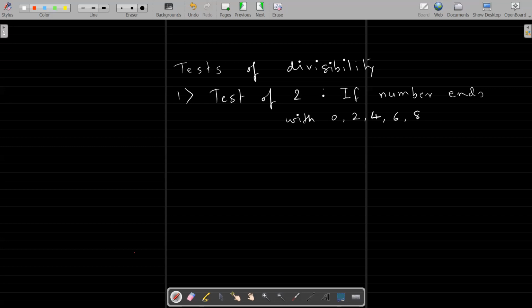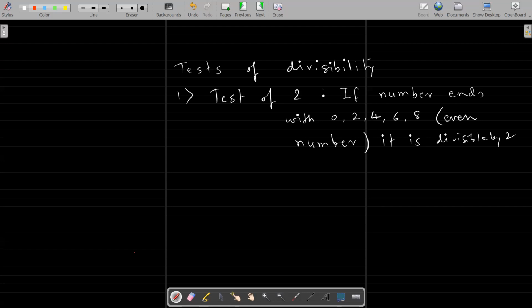Yeah, so essentially, what are these numbers? They are all even numbers, right? Even numbers, very good. So if a number ends with 0, 2, 4, 6, 8, or in other words, the number is even, then it's divisible by 2.